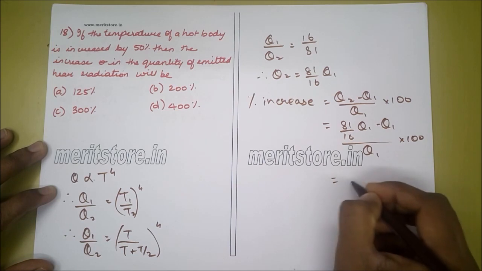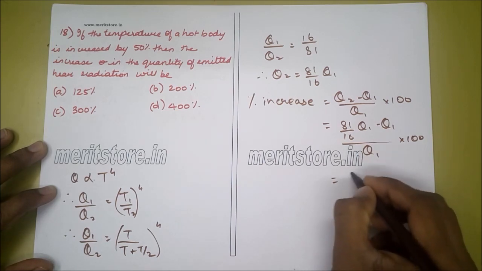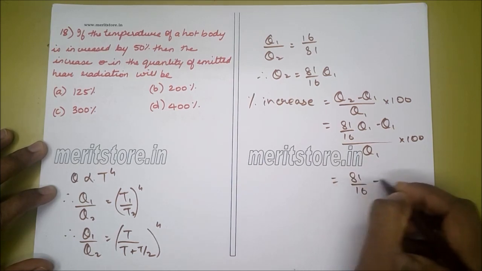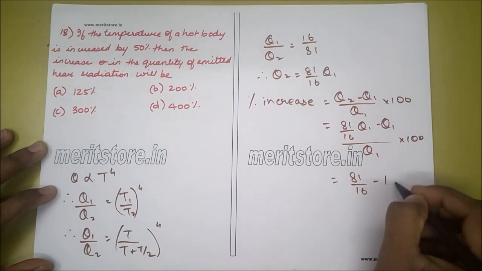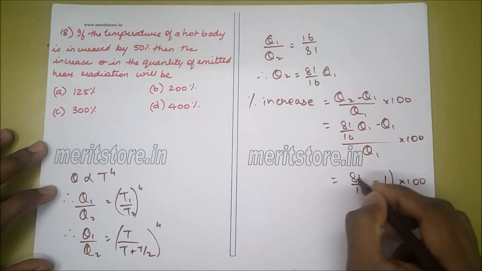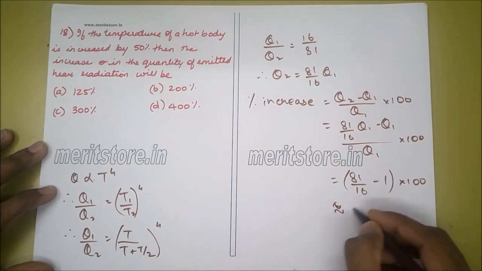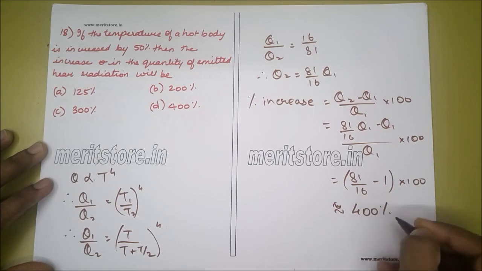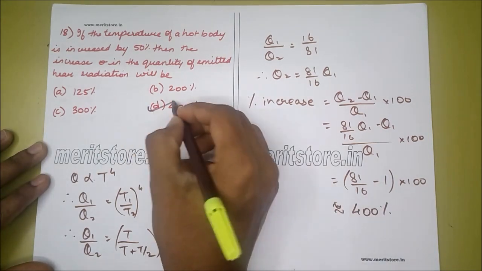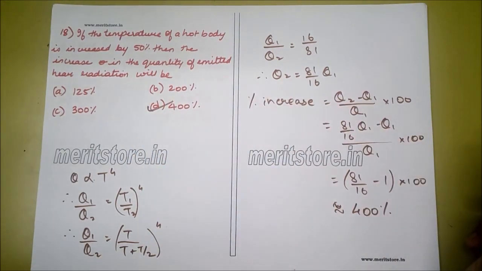Taking out Q1 common and cancelling out, 81 upon 16 minus 1 into 100. So solving this, we get the value as approximately equal to 400%. Hence option D is the correct answer.